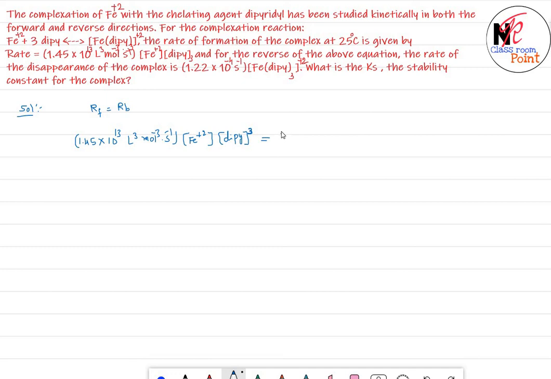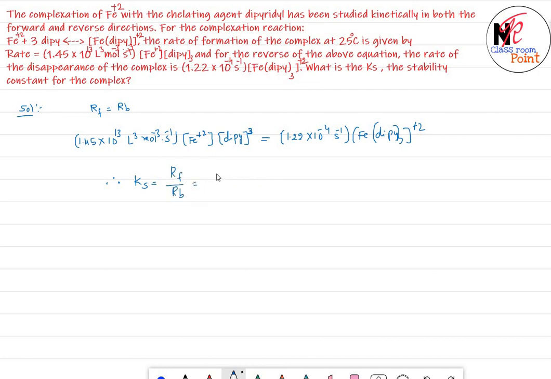So the rate of backward reaction is 1.22 × 10^-4 per second times [Fe(dipyridyl)3]2+. And we all know that the stability constant for the equilibrium process is nothing but the equilibrium constant, which equals the rate of forward reaction divided by the rate of backward reaction.